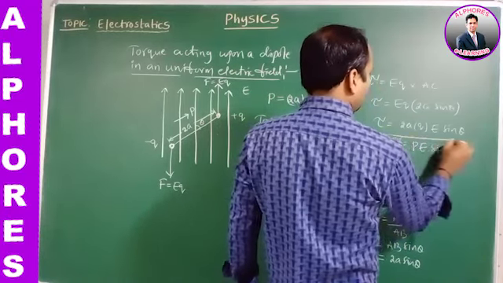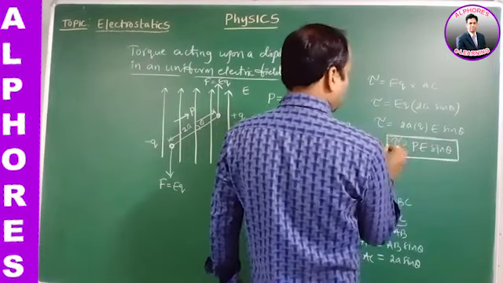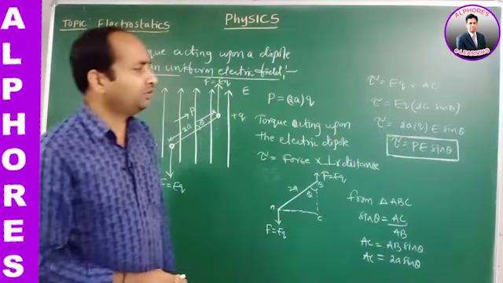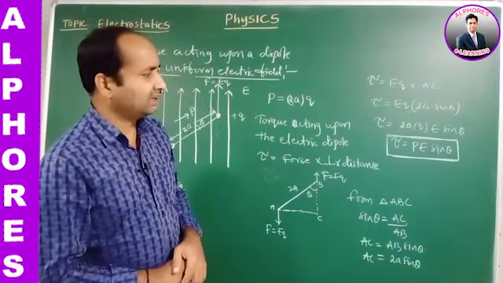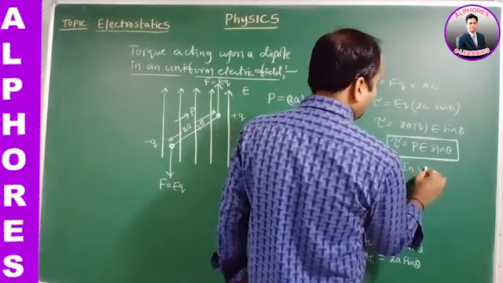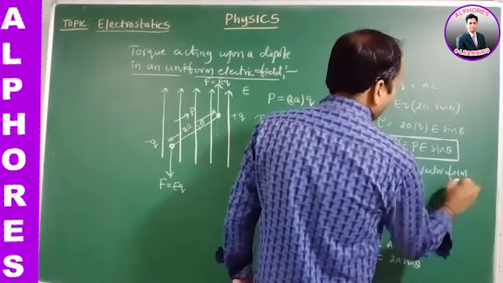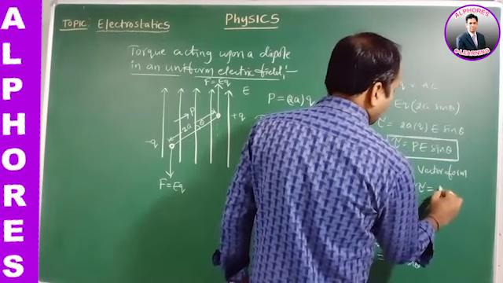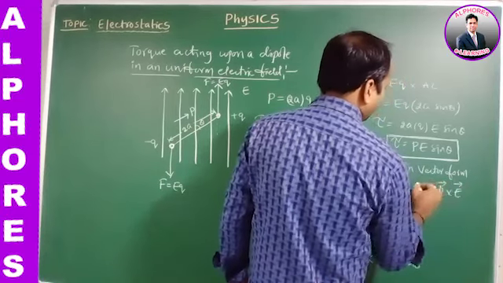This is the expression for torque acting upon the electric dipole placed in a uniform electric field. Tau is equal to PE sin theta. But torque is a vector. In vector form it can be written as tau is equal to P cross E.